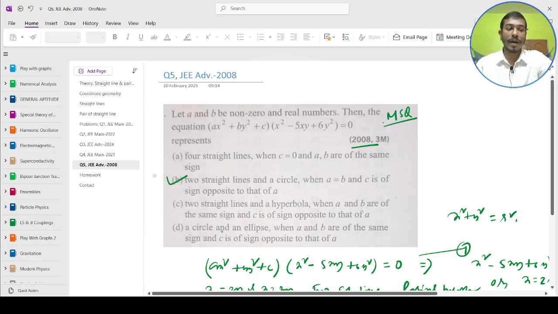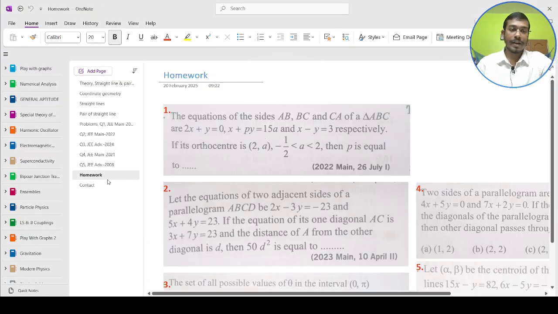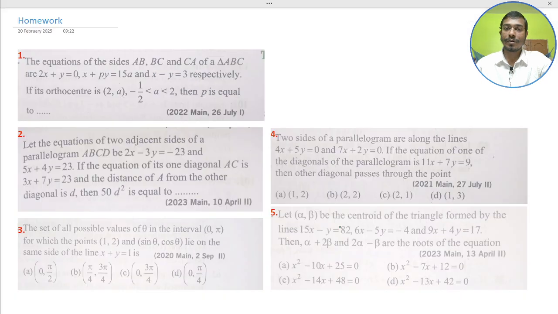So we now discussed the 5 important problems coming in JEE Main and Advanced, and for your better concept and practice clarification, I usually give another 5 important problems for your homework. Pause this video and take a screenshot quickly. 5 are from JEE Main between 2022 and 2023.